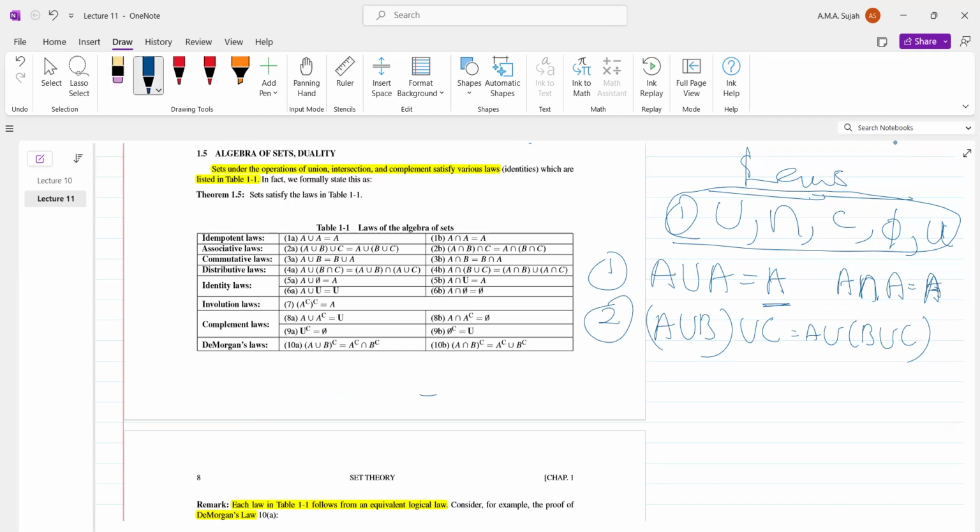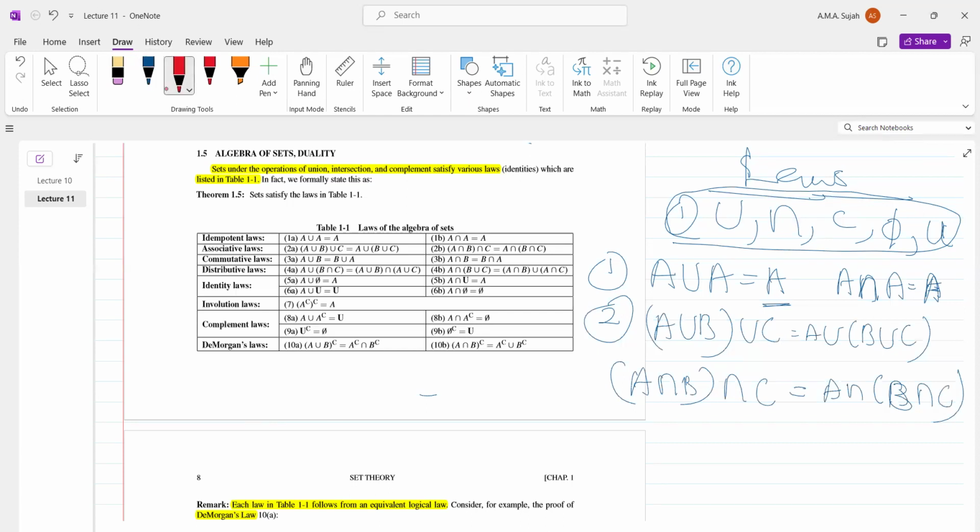So (A union B) union C is equal to A union (B union C). Similarly, the other portion: (A intersection B) intersection C is equal to A intersection (B intersection C). This pair we can call the associative law, right? How can we check this one?